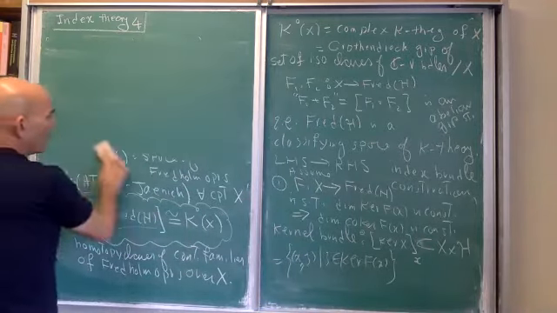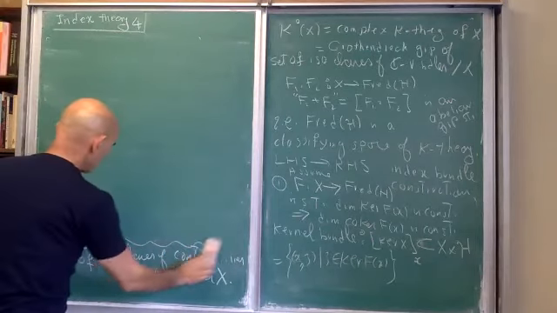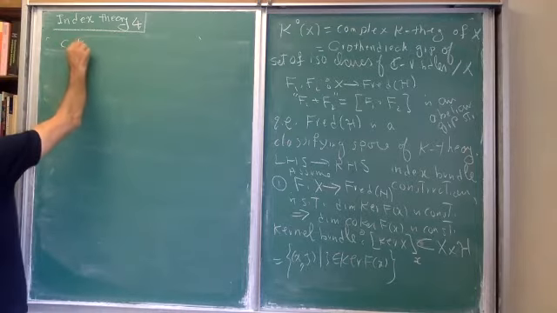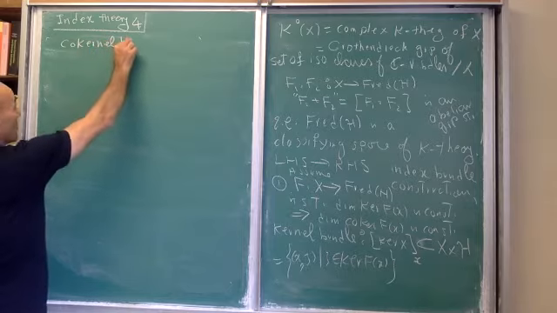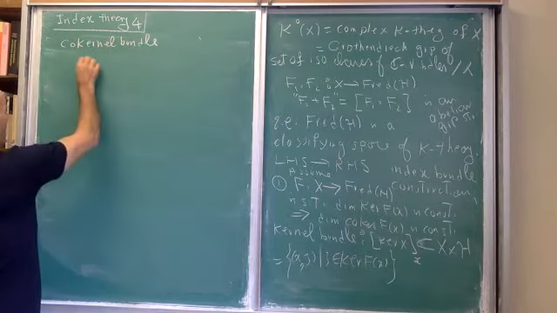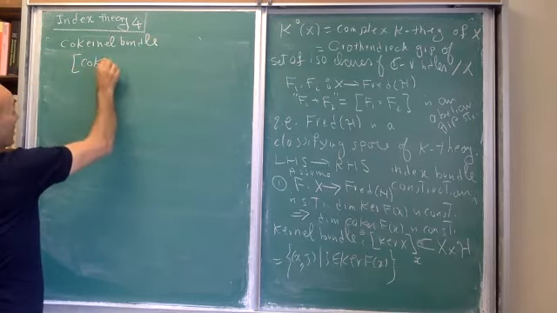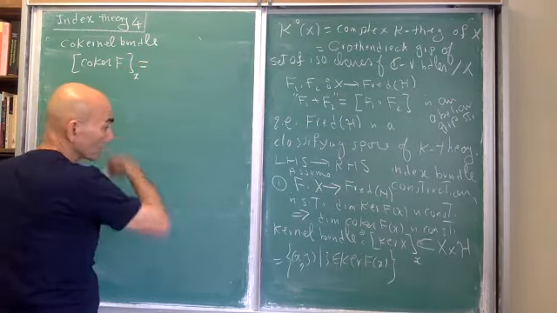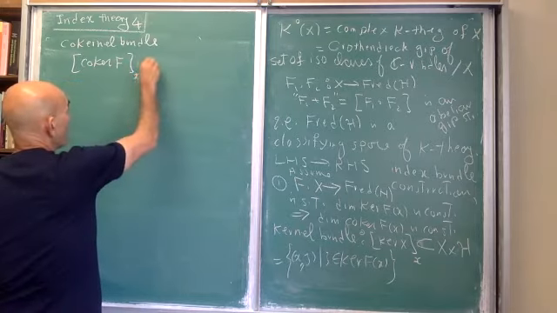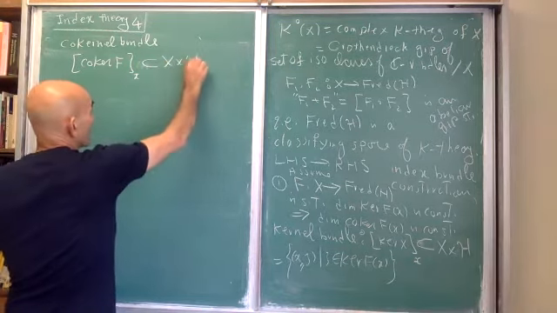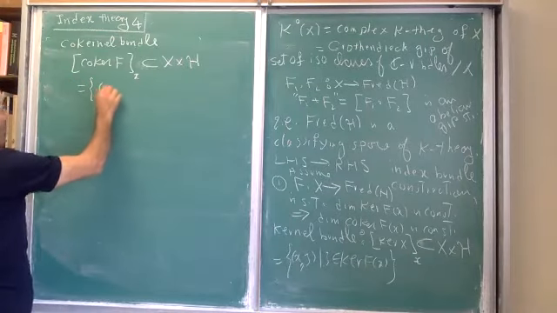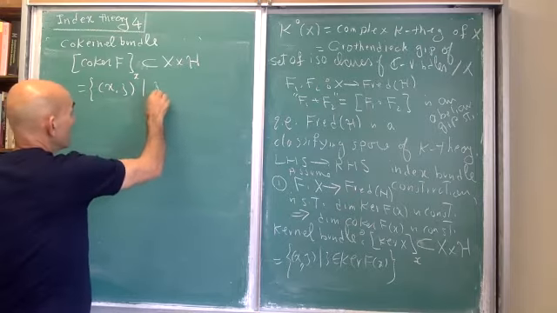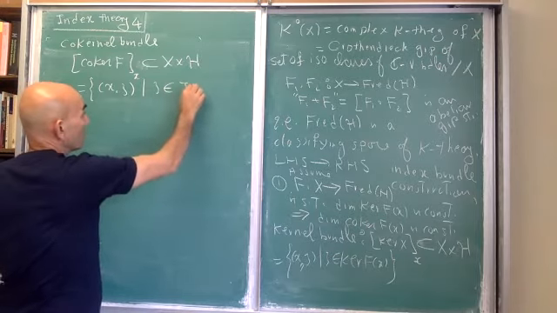And you can do the same for the co-kernel bundle. So then I just put here the co-kernel of f, and again, I just define it as a sub-bundle of X times H. I just take the set of all (x, c) such that c belongs to the orthogonal complement of the image of f of x.